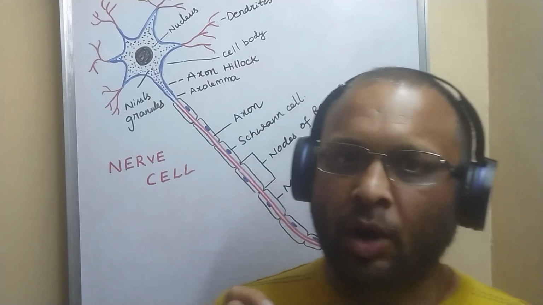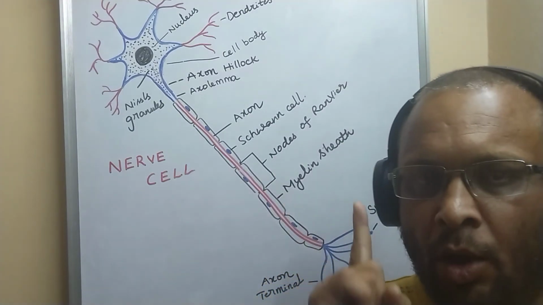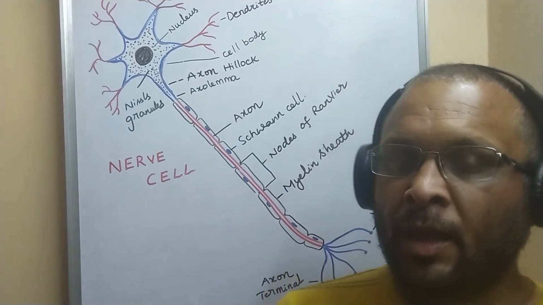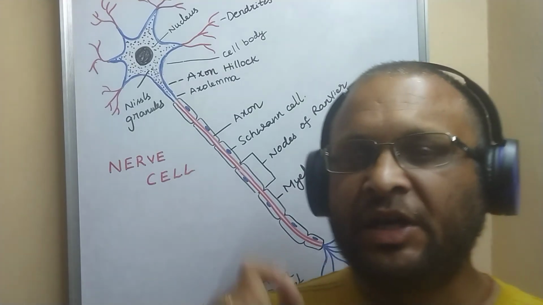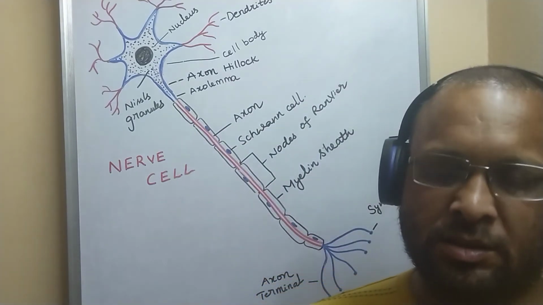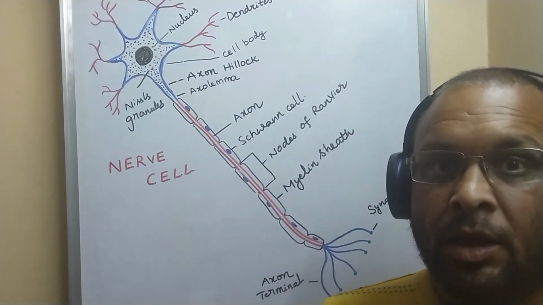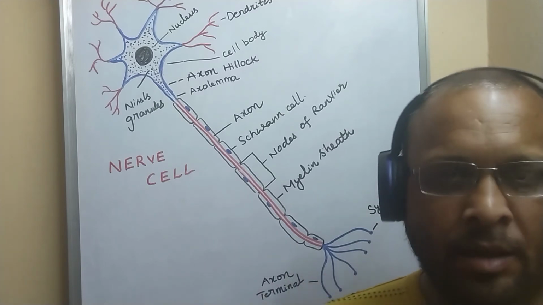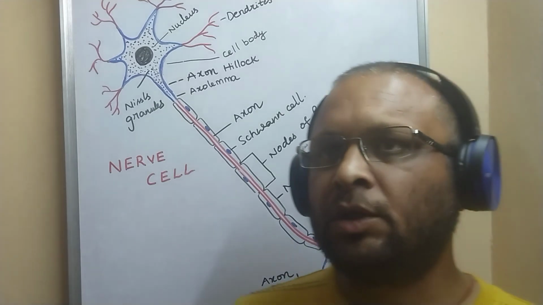Bipolar neurons have one axon and one dendrite, and are present mainly in the retina of the eye. Multipolar neurons have one axon but many dendrites, and are present in the cerebral cortex.